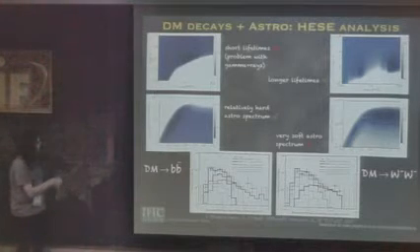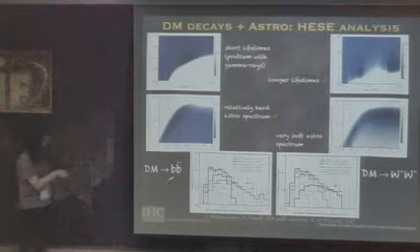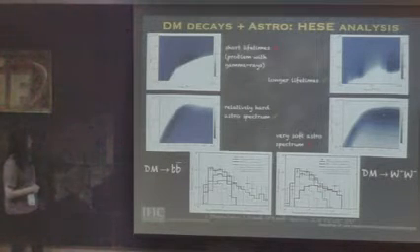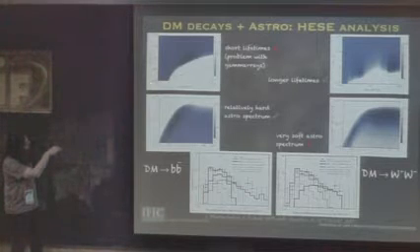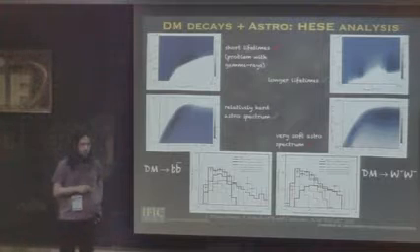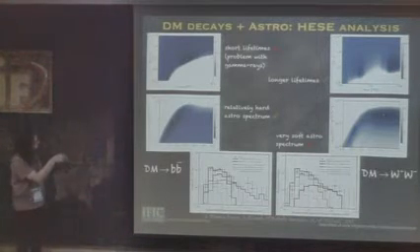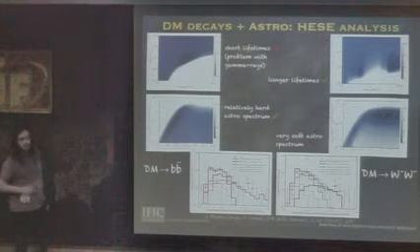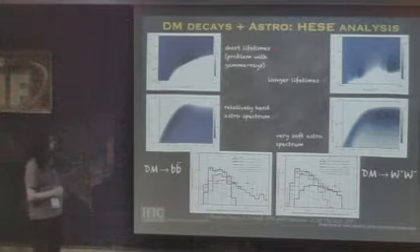What are the good things about decays into quarks? In these plots I'm showing you the lifetime as a function of the dark matter mass. This is a fit to the four-year HESE data, and the blue region is the allowed region. I think it's at 90% confidence level, or 95.